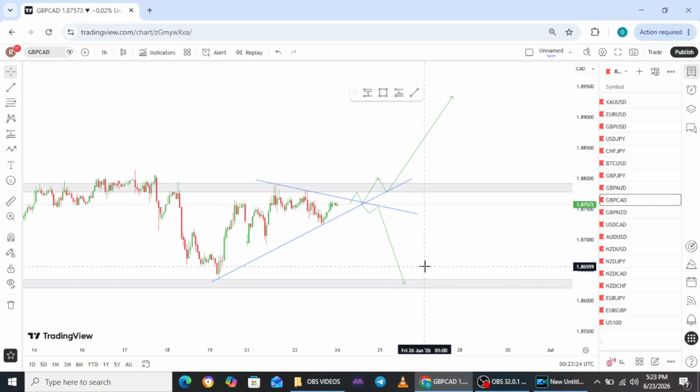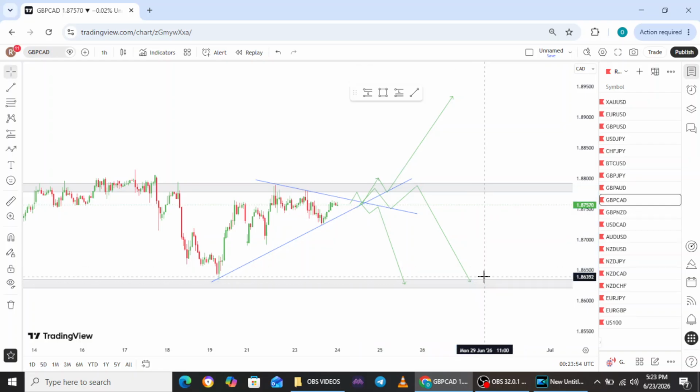Now, these are possibilities. But there's something that the market might do, and I think this might be what may play out. The market breaking from this structure, retesting this structure, retesting this zone, and coming to the downside.